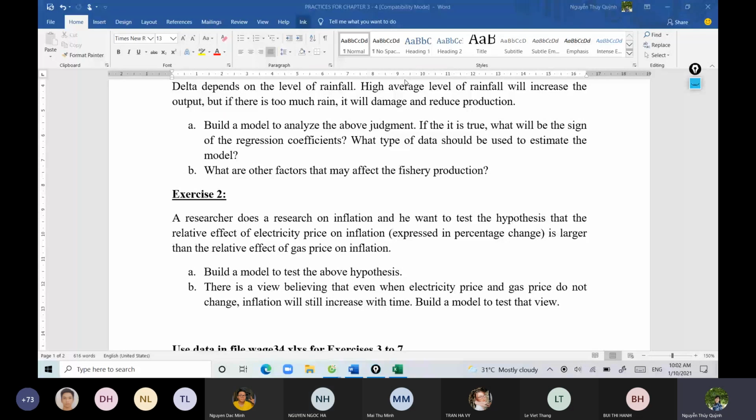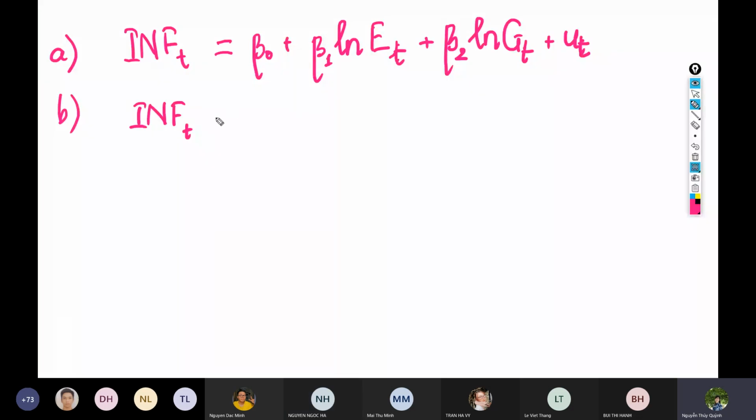We still have inflation as the dependent variable. What will be our independent variables of the model? We will have three: electricity price, gas price, and time. We still have gas price and electricity price as the independent variables of the model.